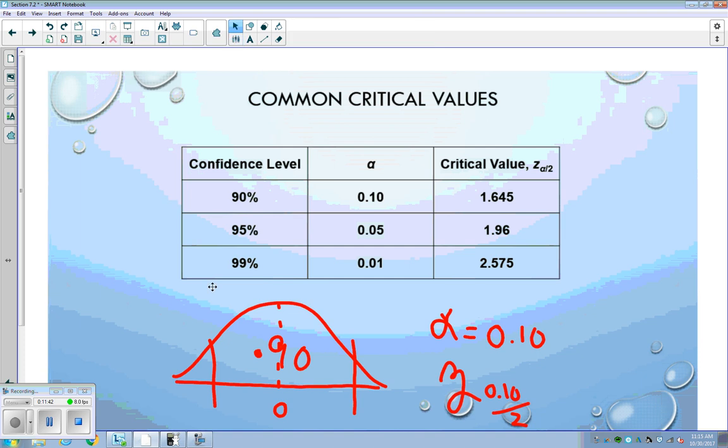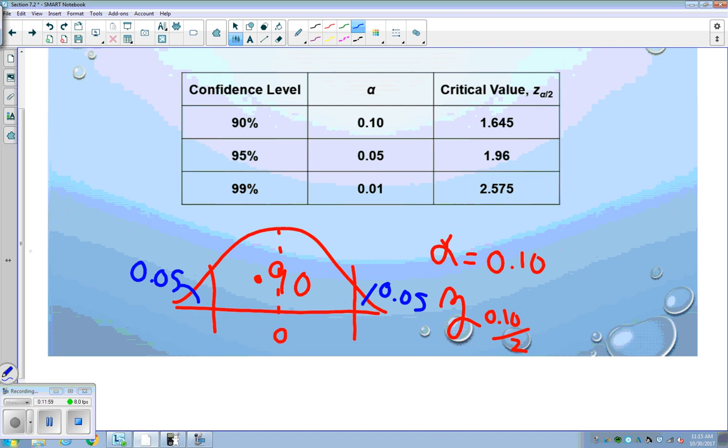So really what's happening is I have 0.05 here and I have 0.05 there, correct? I'm breaking that 10% up on both tails, dividing it up. So if I didn't have this given to you, how would I find it? Inverse norm, absolutely. So let's go do that just to show you.